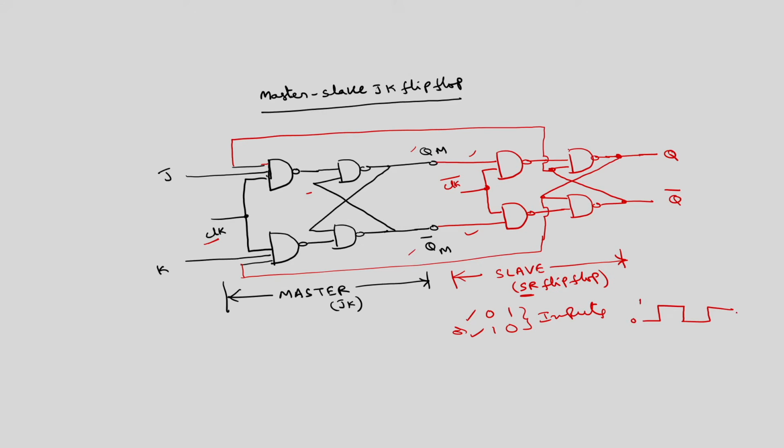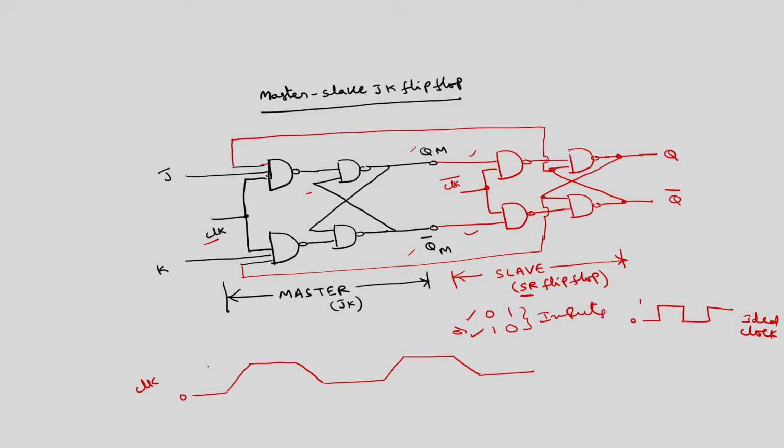This is called an ideal clock. But if you take the practical clock, it will take some time to change from 0 to 1 as well as 1 to 0. This is the practical clock.